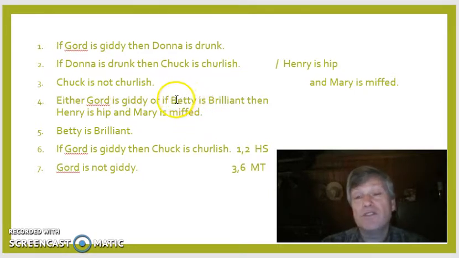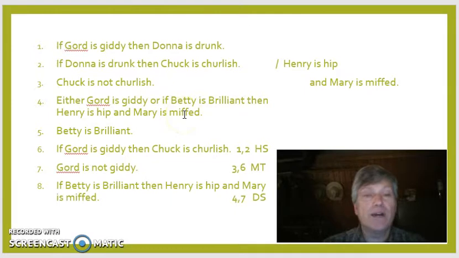It fits disjunctive syllogism, right? I have a disjunction, I have the negation of the first disjunct. From that, I can get the other disjunct, which is all the rest of the sentence. So I get this, just copying the second disjunct here. And this is what I get. If Betty is brilliant, then Henry is hip and Mary is miffed.